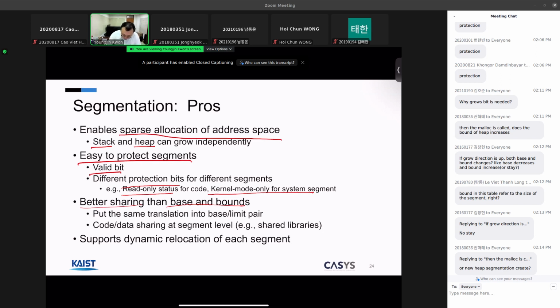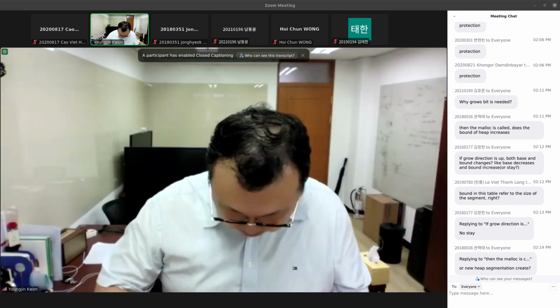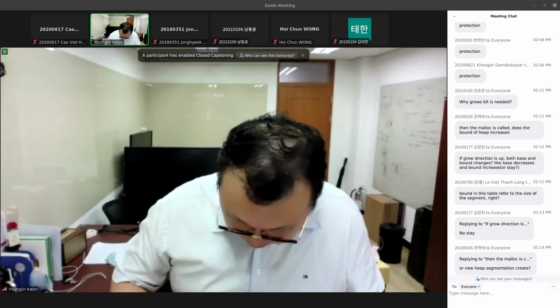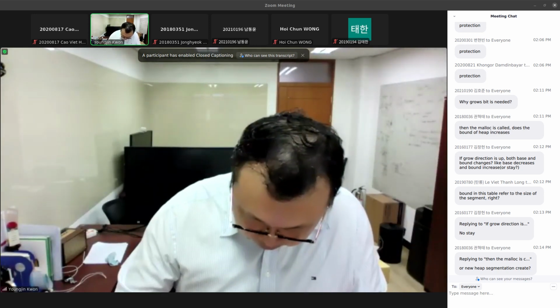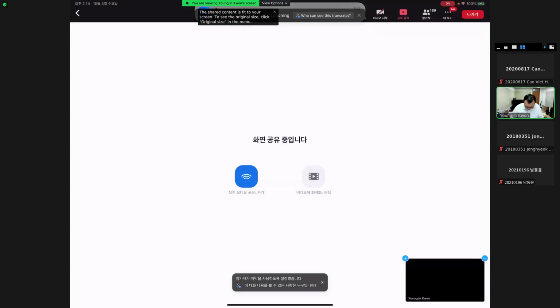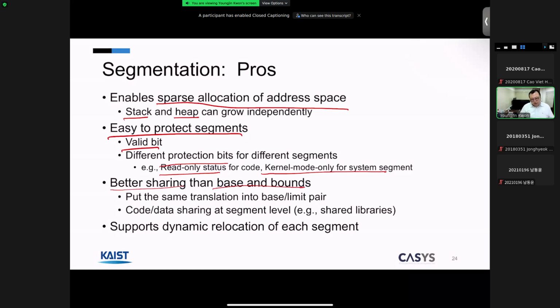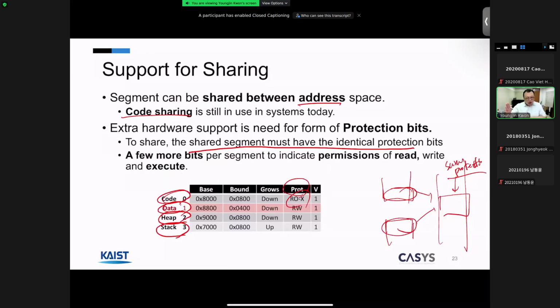Compared to basic base and bound, it supports dynamic relocation of each segment, meaning that each segment can be relocated in physical memory at its segment granularity.